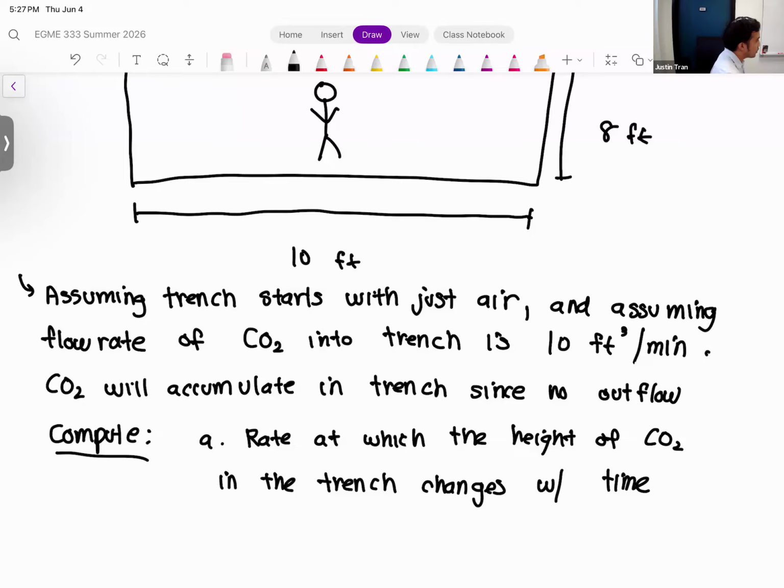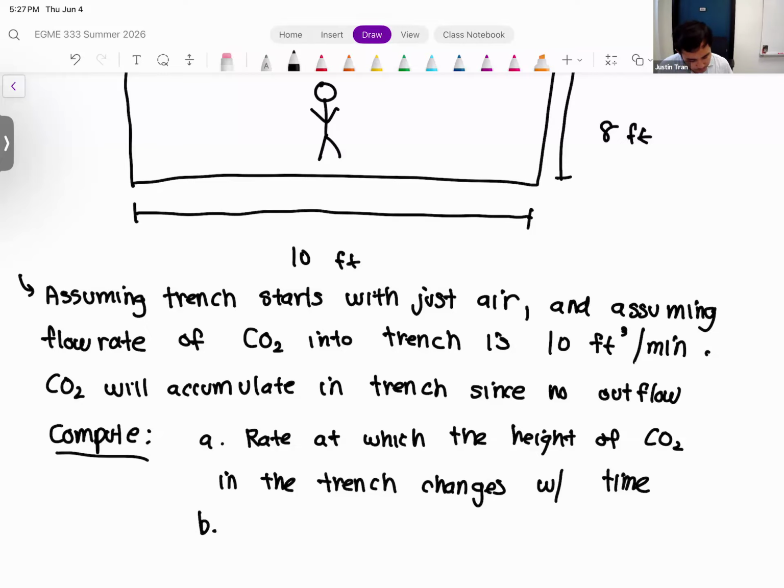Of course it's a little bit harder to visualize, but if you think of the CO2 as like water, eventually, if you fill the entire trench with water, the height of that water will change with time as you fill up the trench. So we want to find out how quickly the trench is going to fill with the CO2.